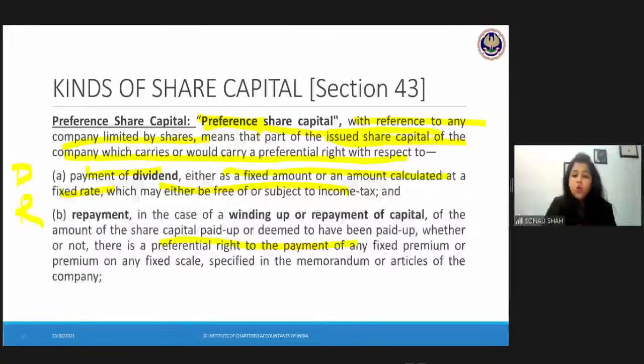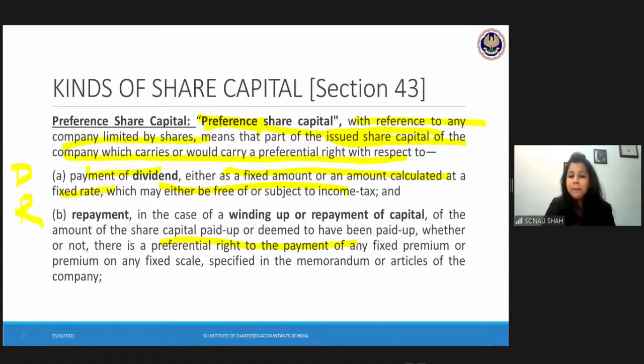When it comes to repayment at the time of winding up, they have a right to payment of a fixed premium. It could be that the premium would be 5%. So if the premium is 5%, instead of rupees 100, when the company is going for winding up or when there is a repayment of capital, they will receive rupees 105.